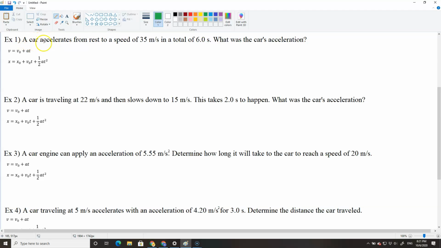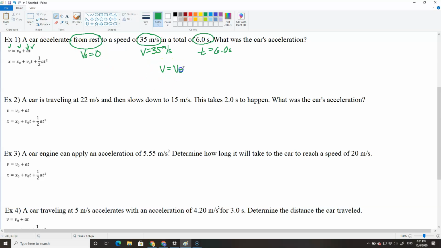So this first example says a car accelerates from rest. So from rest is a key term that tells me the initial velocity was 0. It reaches a speed of 35, so v final is 35, and a total of 6 seconds, so time is 6 seconds. Looking at the first equation, I know v, I know v naught, and I know time. There's only one thing I don't know, and that's acceleration.